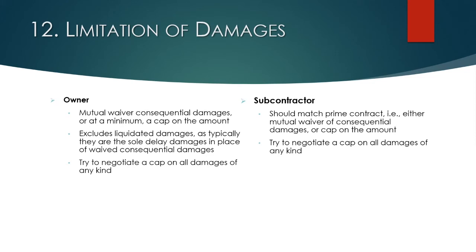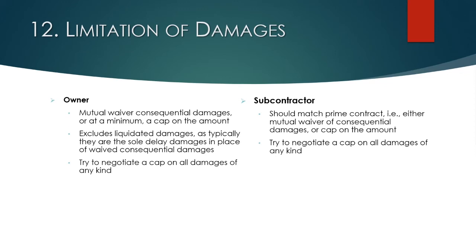From the owner side, the way I look at things in a large construction project is there's probably more of a consequential damages claim that the owner can assert if the project isn't completed on time, or it's not completed correctly, or there are defects in the work.